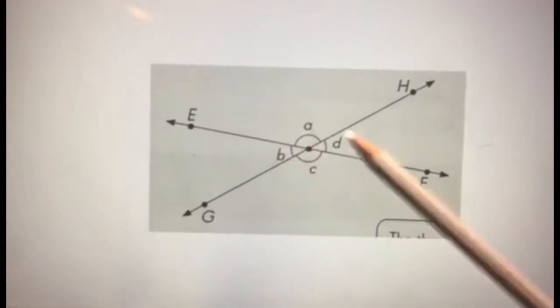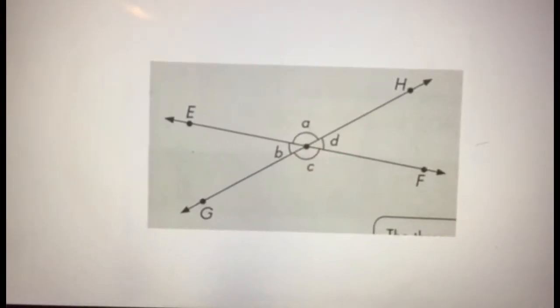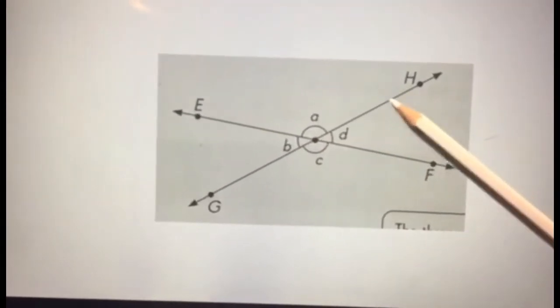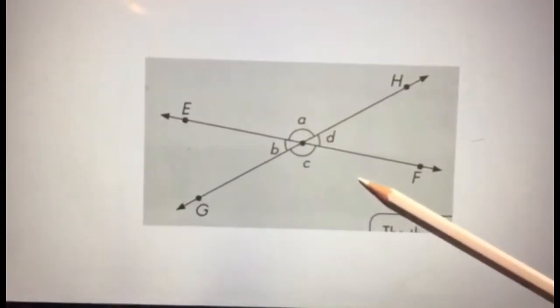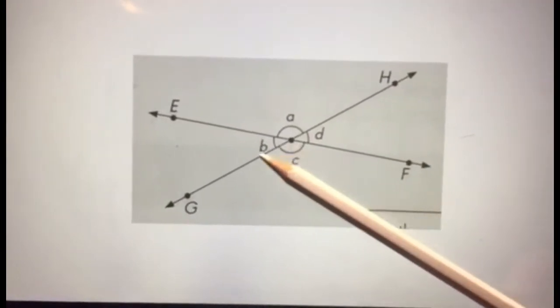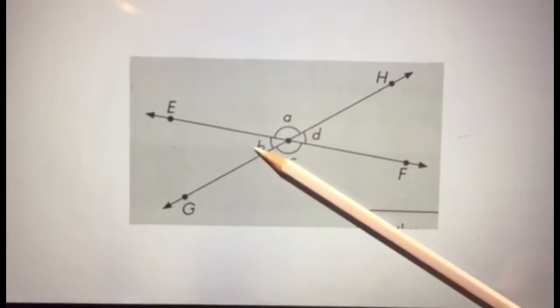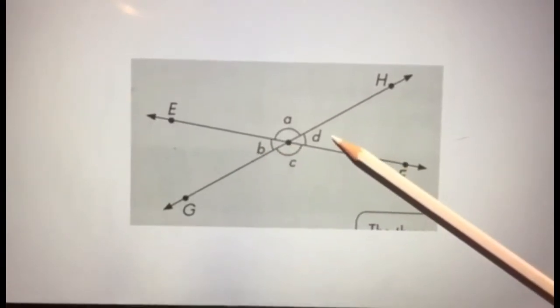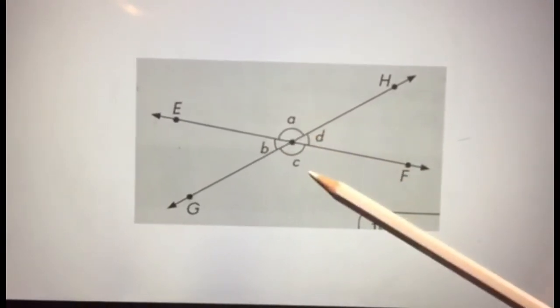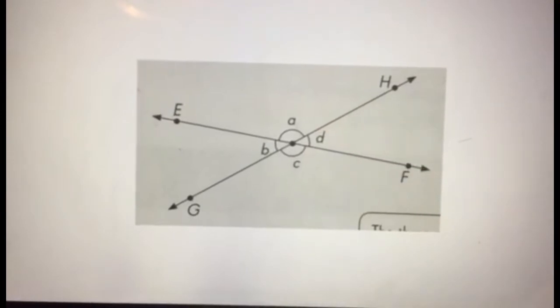So this is how you define vertical angles, not how they're placed. But when two lines intersect each other, they form vertical angles. B and D, actually A and C too. So two pairs of vertical angles.